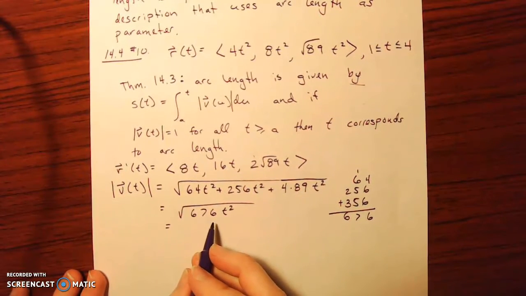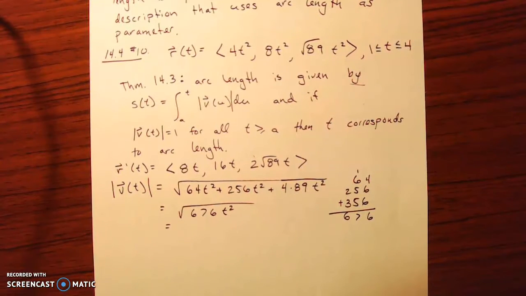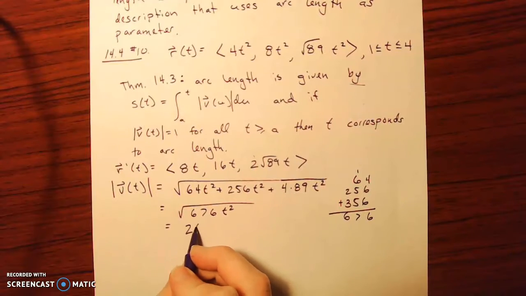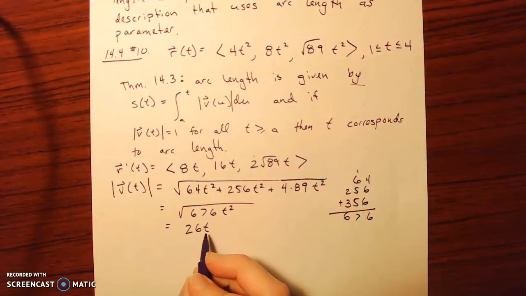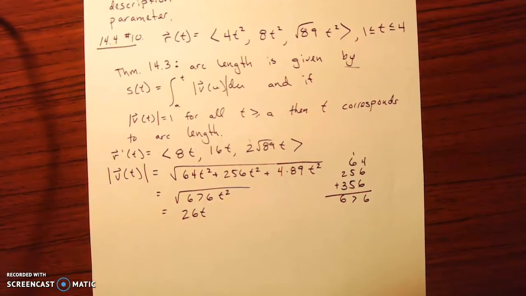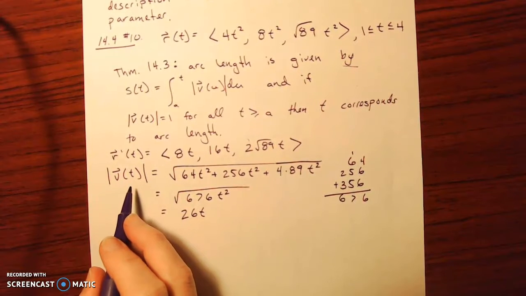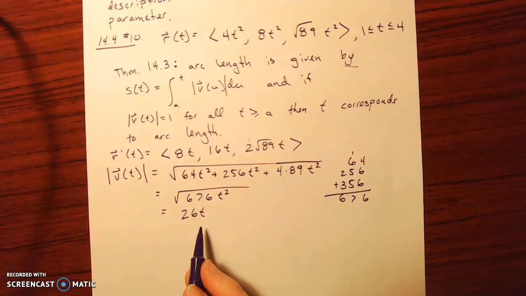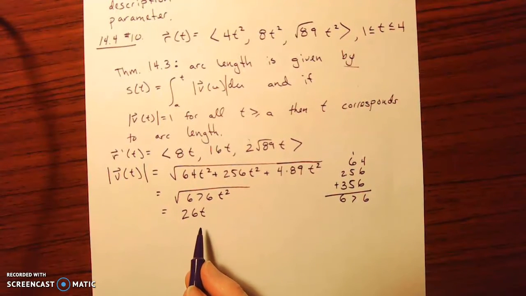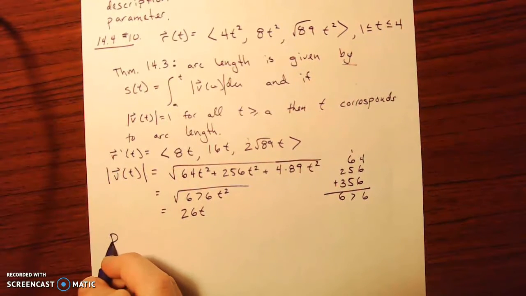So this would just simplify to the square root of 676, which does simplify to 26t. Okay, so we see that t is not the arc length here, but that is okay. We can find a different parameterization.